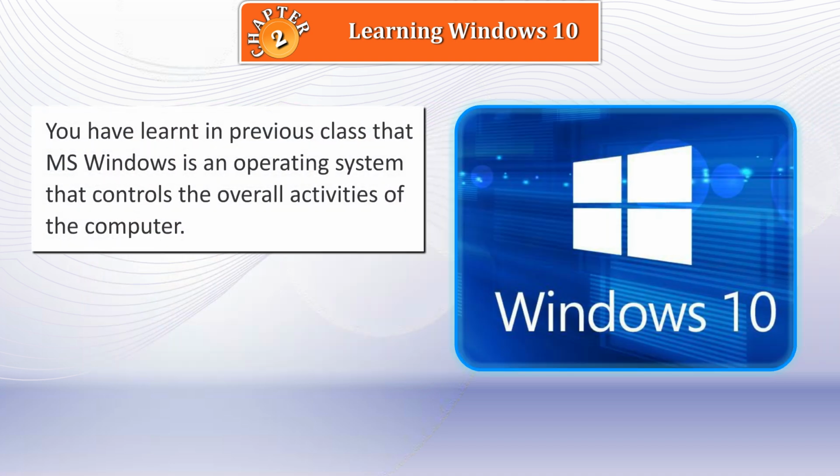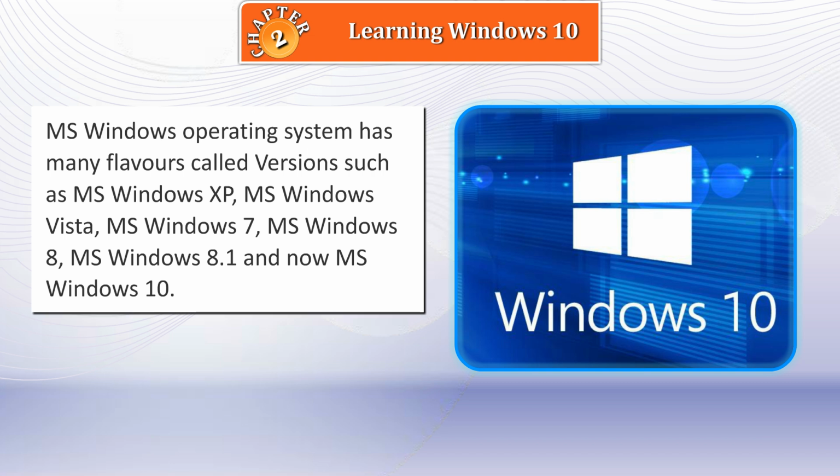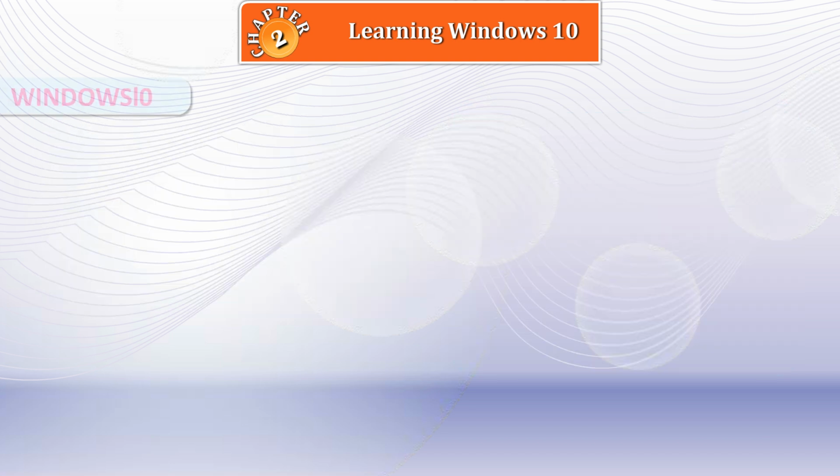You have learned in previous class that MS Windows is an operating system that controls the overall activities of the computer. MS Windows operating system has many flavors called versions such as MS Windows XP, MS Windows Vista, MS Windows 7, MS Windows 8, MS Windows 8.1 and now MS Windows 10.